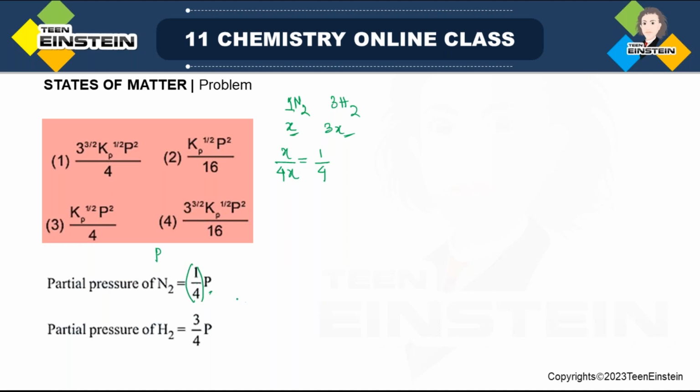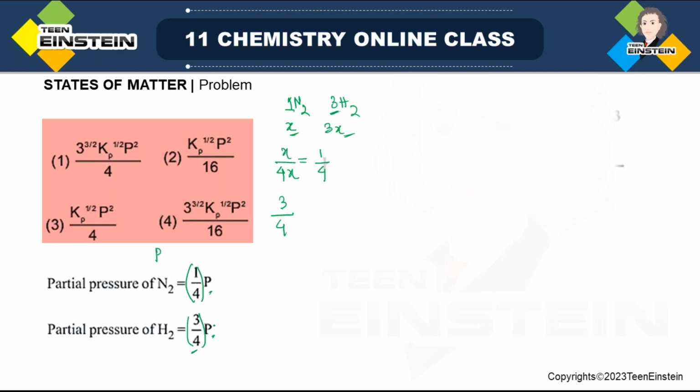So mole fraction times total pressure will give you partial pressure of any species. For hydrogen similarly, the mole fraction is 3/4, because number of moles for hydrogen is 3 or 3x, and total moles x plus 3x, that is 4x. So x cancels, it is 3/4. So the mole fraction of hydrogen times total pressure.